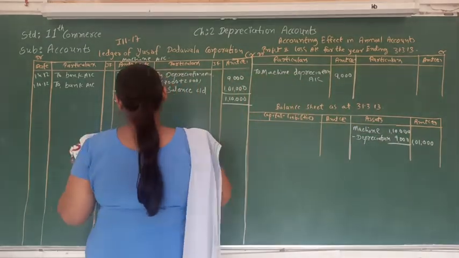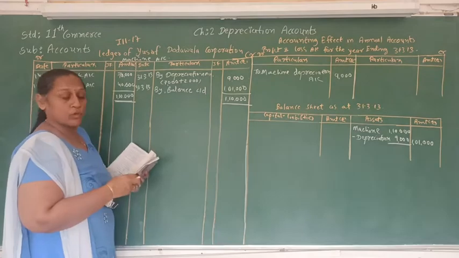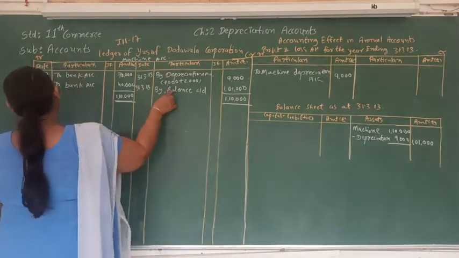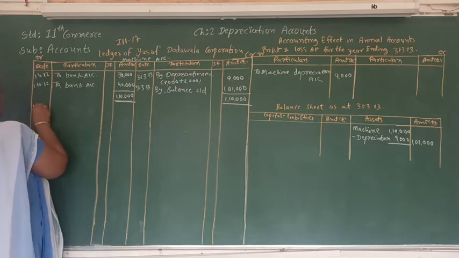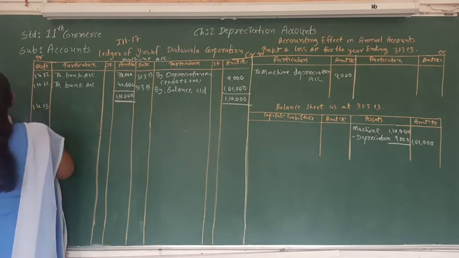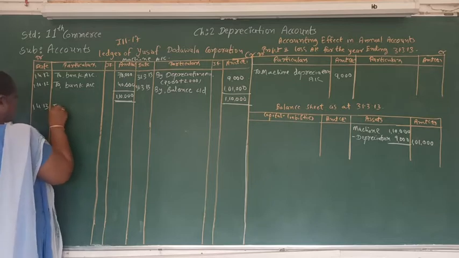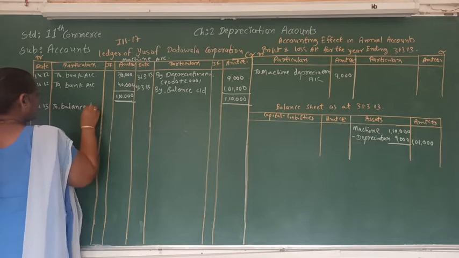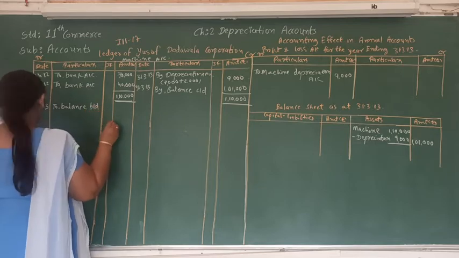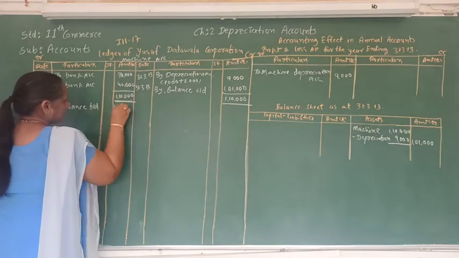Now let's continue with the machine account for the second year. This balance we are going to bring down on 1/4/13, to balance brought down, and the balance will be 1,01,000.